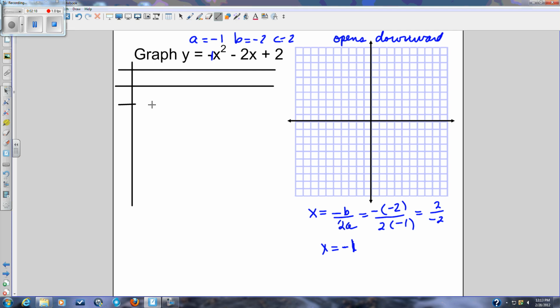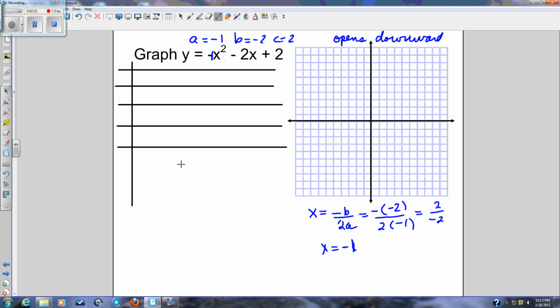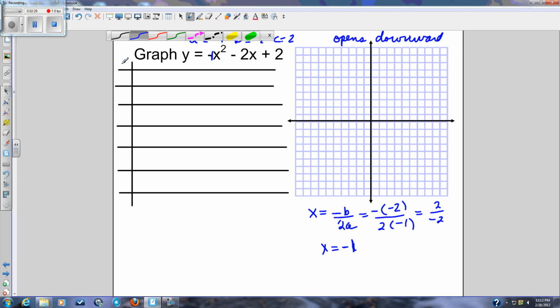What we're going to do is start with that x value of negative 1. We're going to choose 3 values that are higher and 3 values that are lower, and we're going to plug them in to this equation.